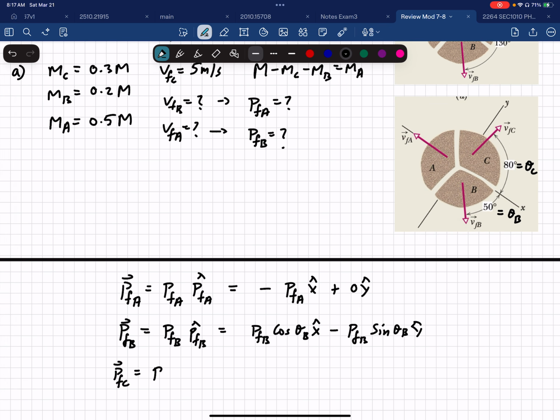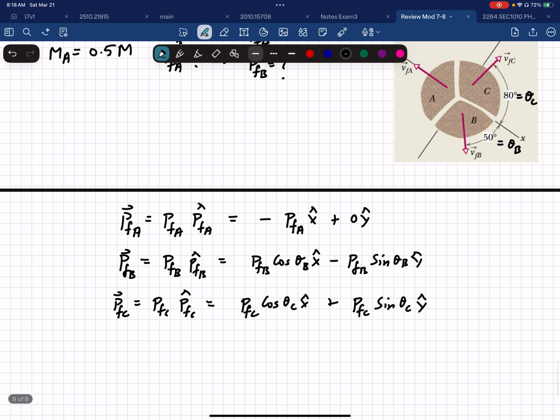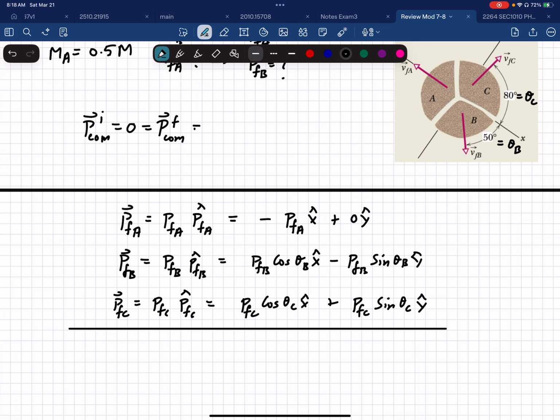PFC, again, this is PFC times the direction, and this is in the first quadrant. So PFC cos theta c x hat plus PFC sin theta c y hat. And since we are talking about the conservation of momentum, initially your center of mass is 0, which will result in the final center of mass also being 0, which results in PFA plus PFB plus PFC equals 0, right?